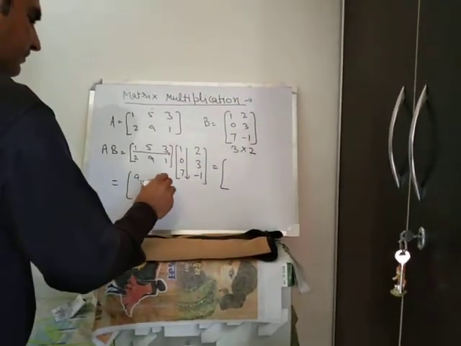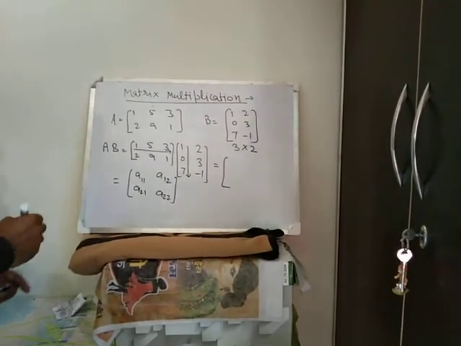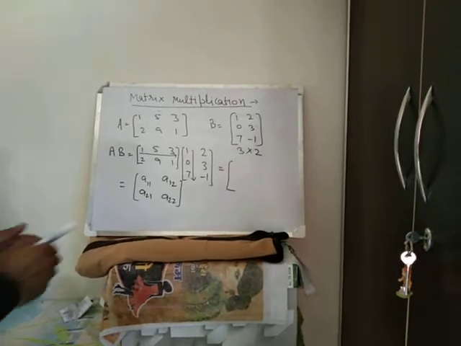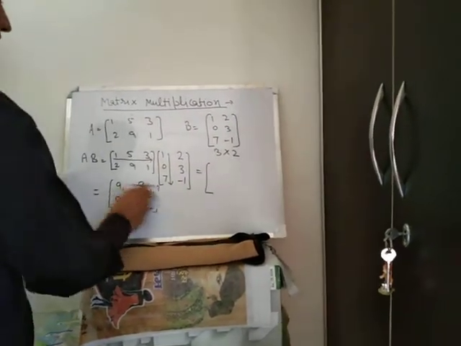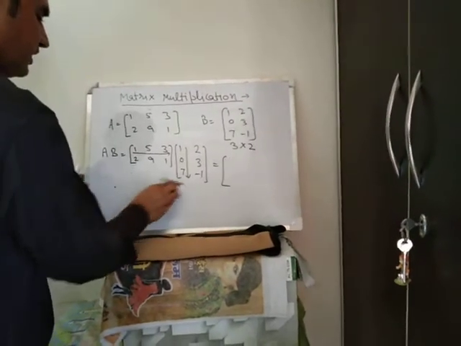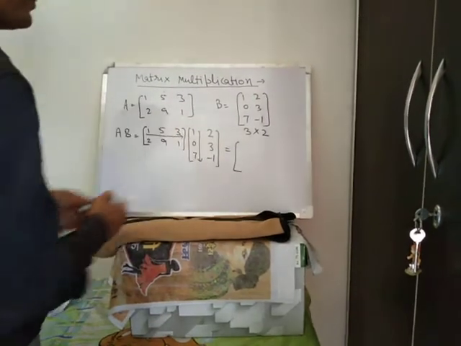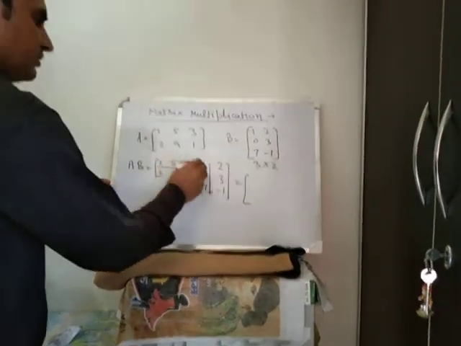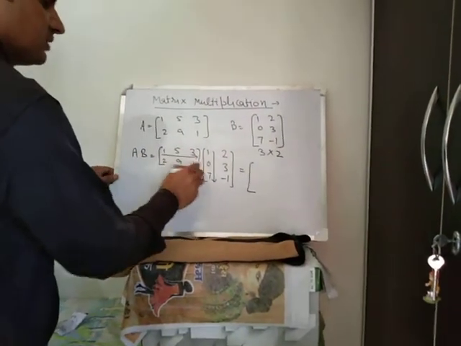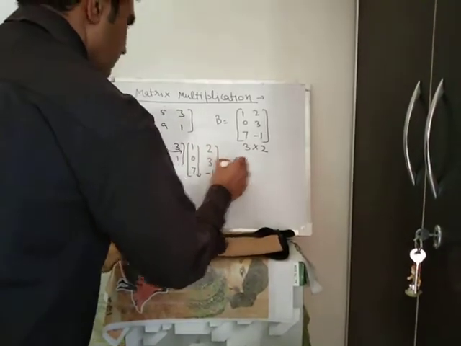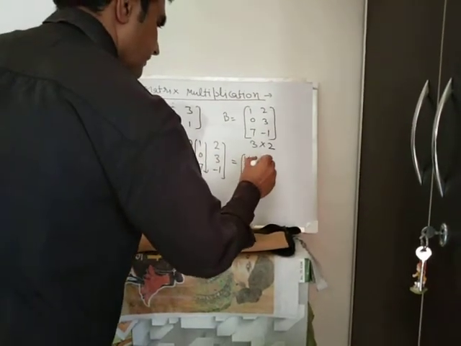AB is of order 2 by 2, with elements designated A11, A12, A21, A22. Then how can we find A11? It is very clear: first row, first column, corresponding multiplication: 1 into 1 plus 5 into 0 plus 3 into 7.